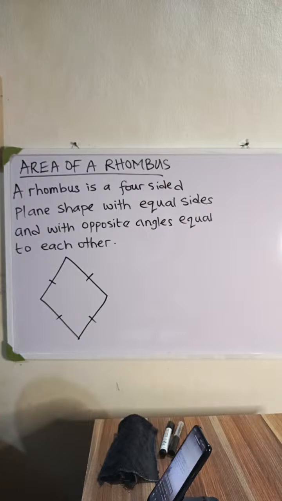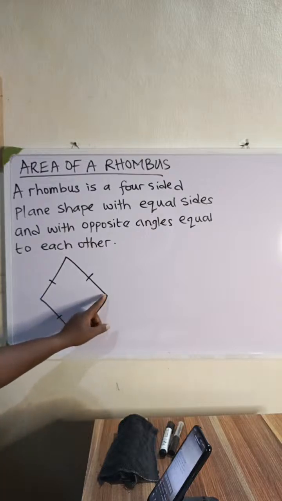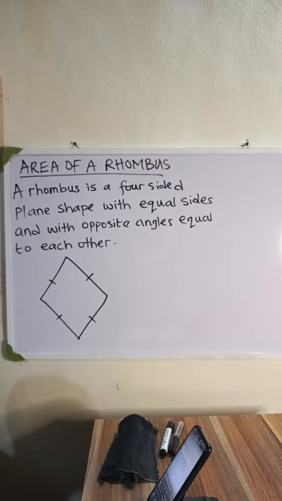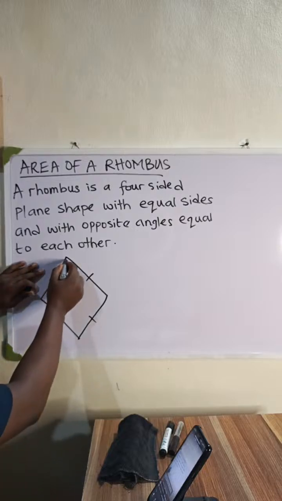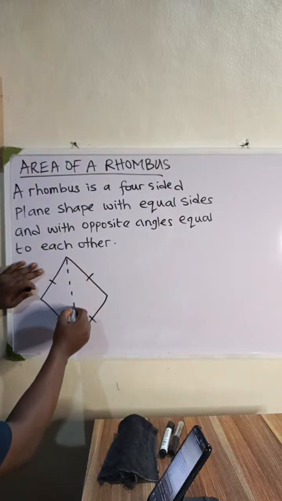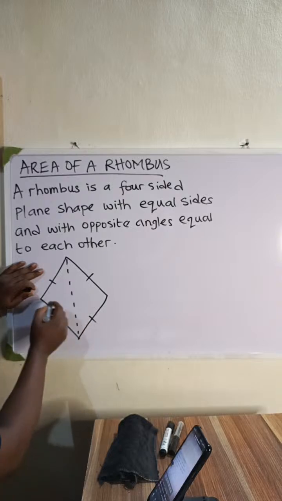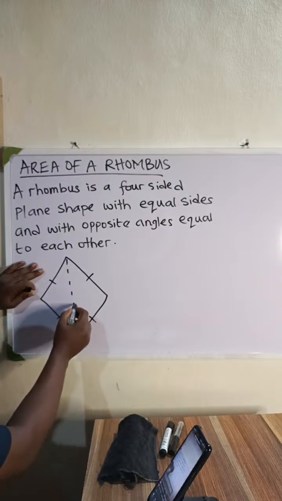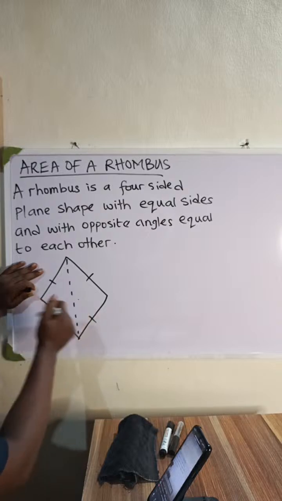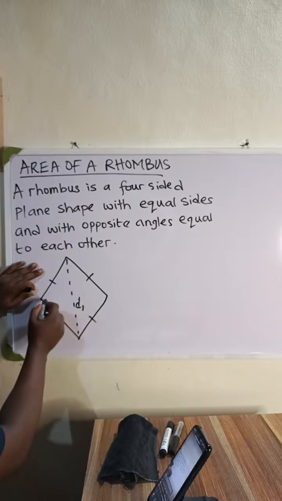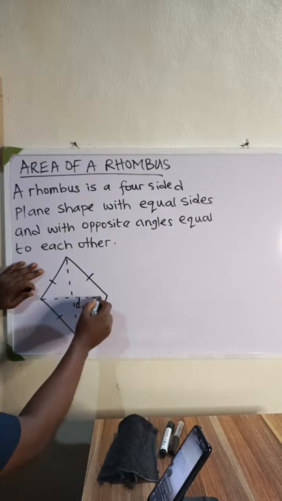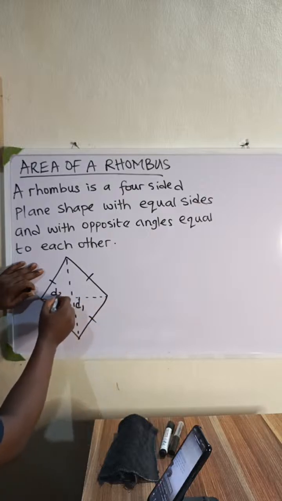Also, for a square, the diagonals are equal. But for a rhombus, the diagonals are not equal. Remember, a diagonal of a 2D shape is a line drawn from one angle to the opposite angle. So when you see a rhombus like this, let's call it diagonal 1, and we call this diagonal 2.